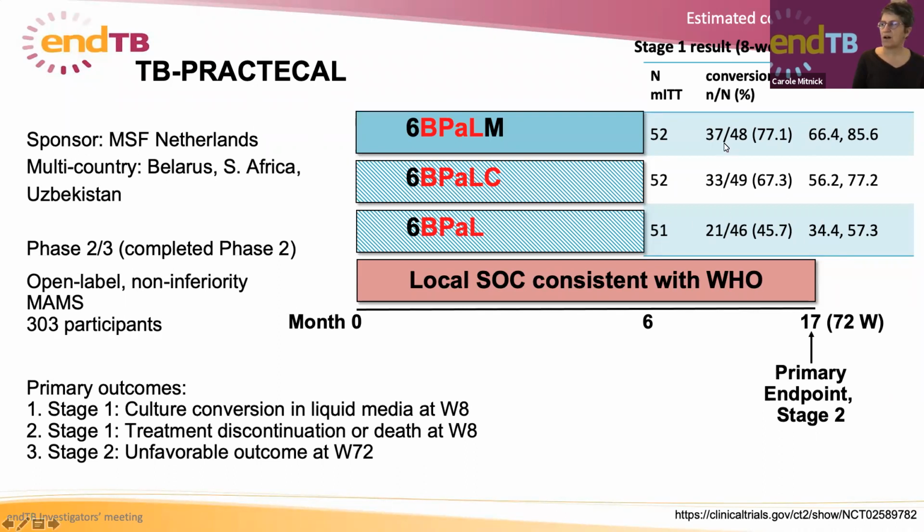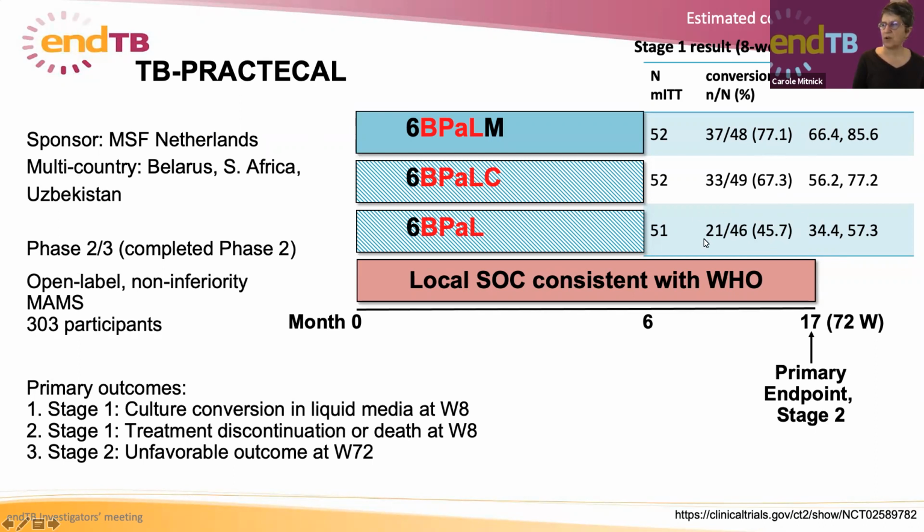The stage 1 results are here. You can see that the proportion culture converting in the 4-drug regimens appears higher than the proportion converting in the BPAL regimen.